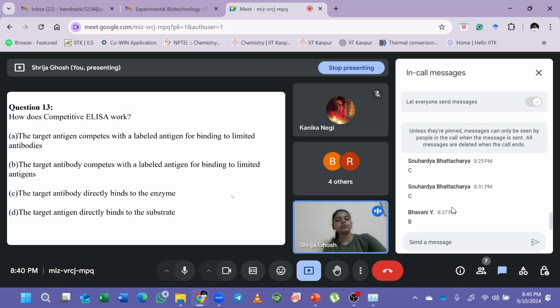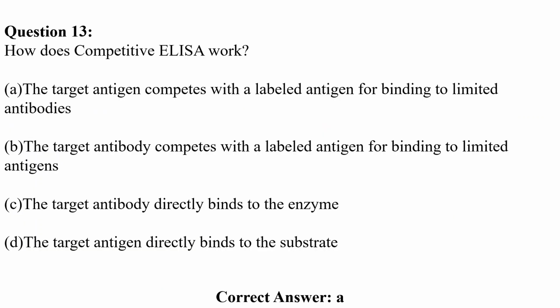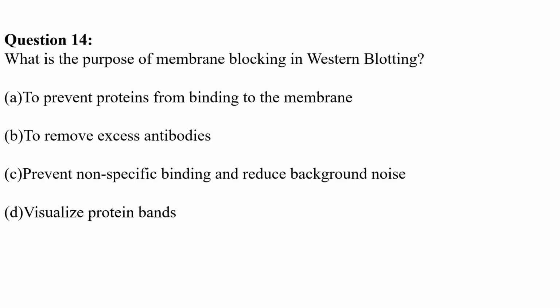If you have any kind of doubt, you can ask me. I'm assuming everything is clear if you are not asking anything. Okay, if there's no doubt, then we can move to the next question.